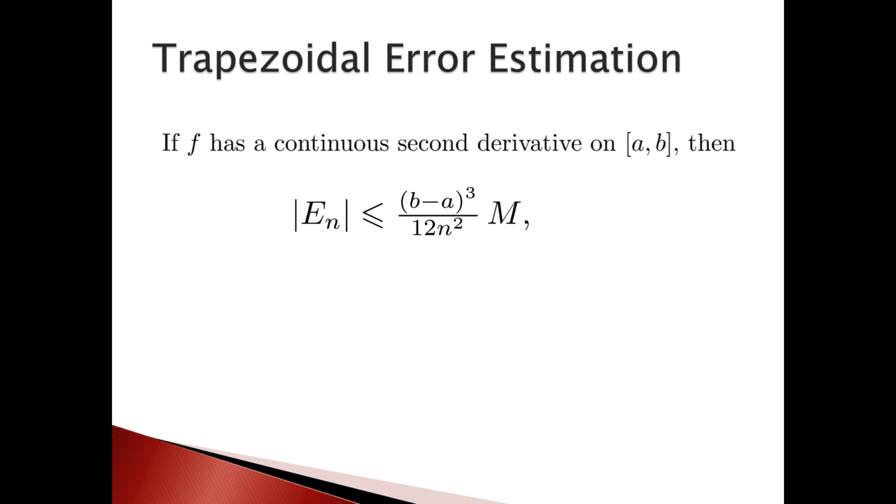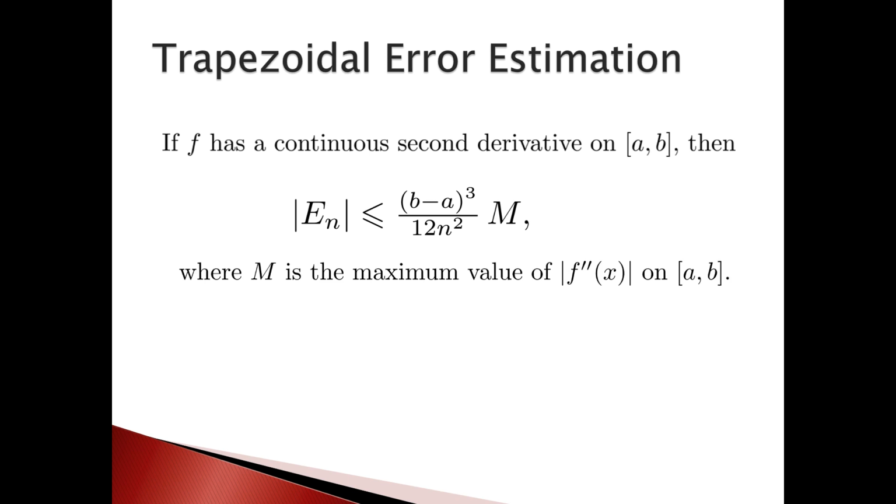If you have a continuous second derivative and m is the biggest that second derivative ever gets, or the absolute value of it ever gets, on my interval, then how far off will I be? Well, there's the formula. E_n is how far off I will be in estimating my integral by using the trapezoid rule, and that will always be less than (b minus a) cubed over 12n squared times m.